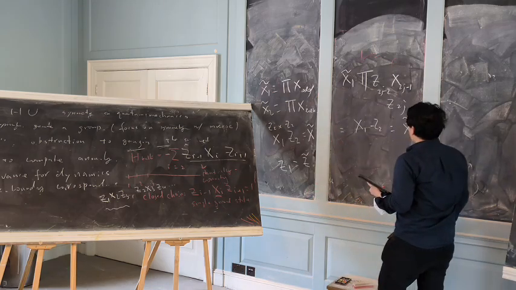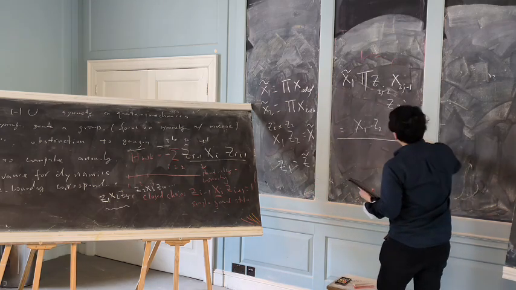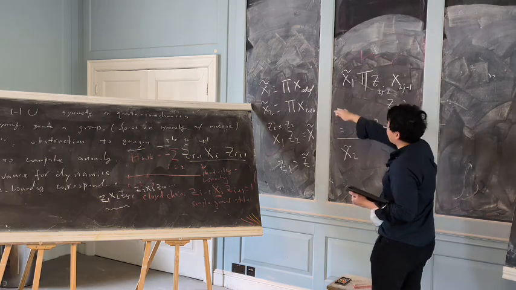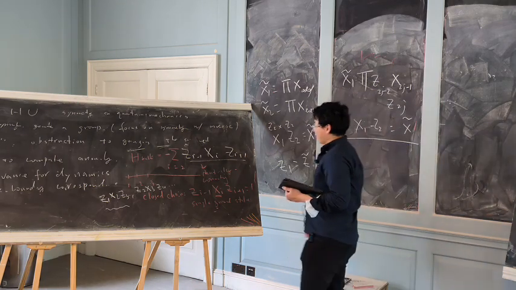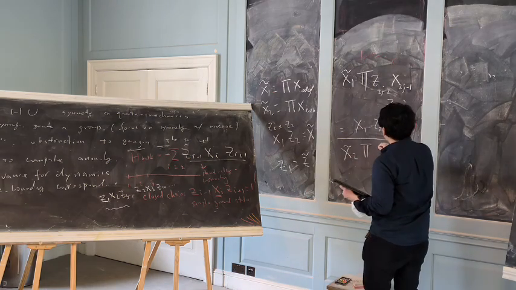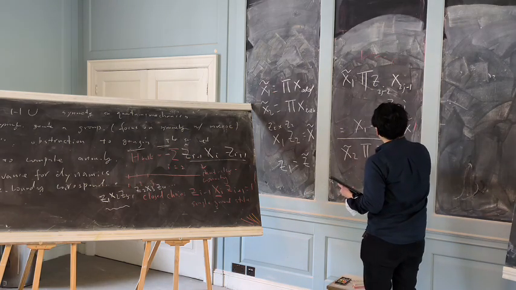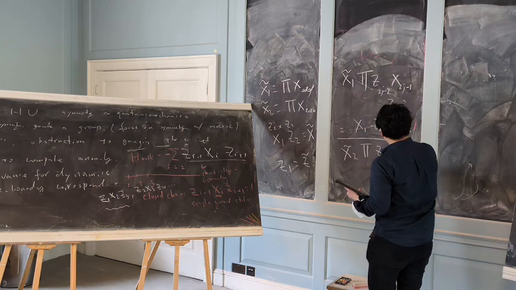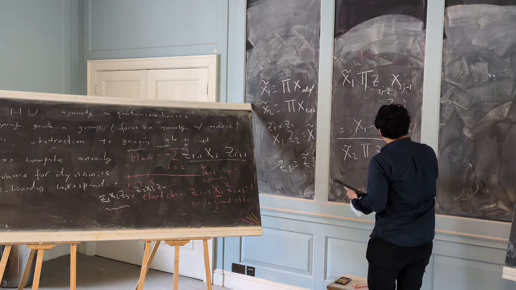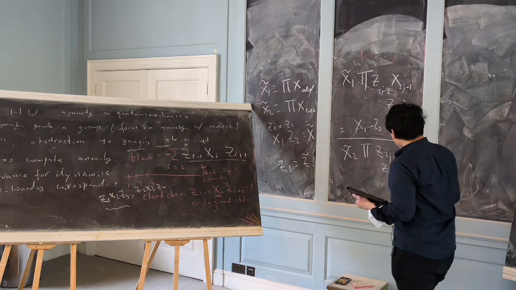And similarly, you can take this X2 tilde, which is the product of all the Pauli X operators on the even sites, and then multiply by all the Hamiltonian terms on the even sites. So it will be Z_{2j-1} X_{2j} Z_{2j+1}.